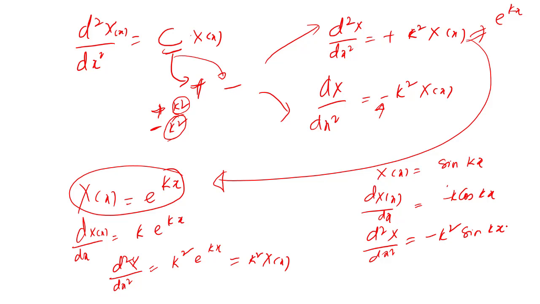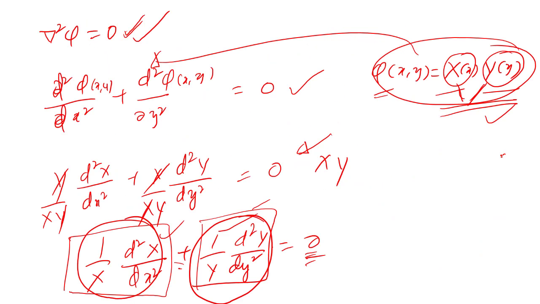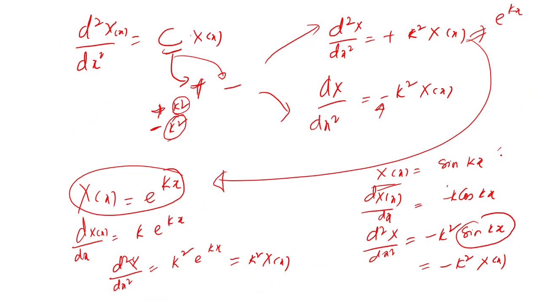And then again, this sine kx is the function X of x, so you get minus k squared X of x. Same thing would happen with the cosine function, whether you have sine or cosine. You would get ultimately a negative sign here. So for this, you would have solutions as sine kx or cosine kx, right?